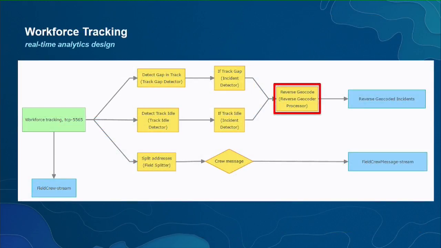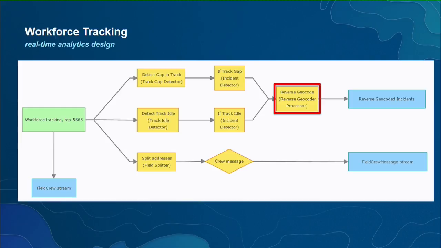So the last processor I want to highlight here is actually a custom processor. This is a reverse geocode processor. Where this is useful is essentially in any case where we want to send out an alert. For example, that incoming GeoEvent message is defined with longitude and latitude.